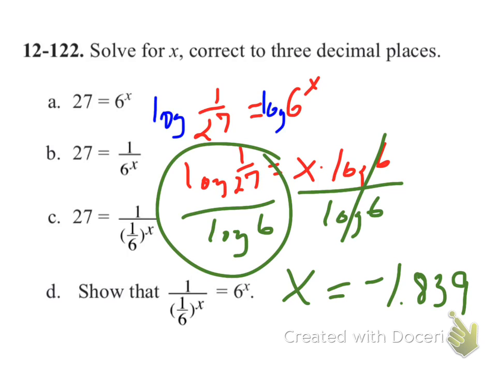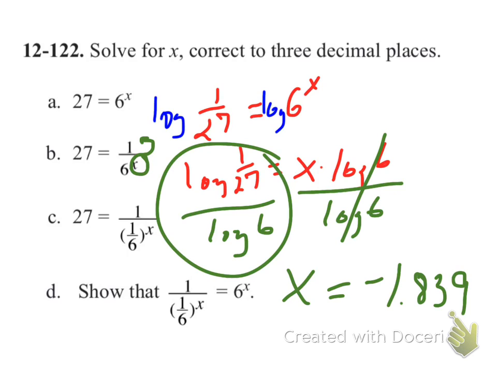1.839. So why that makes sense here is, remember that a negative exponent basically just moves something to its reciprocal. So if I have a negative exponent in the denominator, it would move it to the numerator and become a positive exponent.